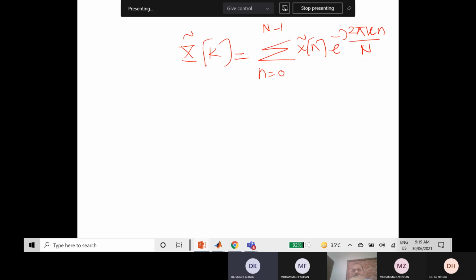Because this exponential minus j2 pi over capital N is used so many times, the book has used this notation, and many publications also use the same notation, putting W instead of the exponential. Okay, perhaps in the days when DSP was being developed, people would not like to type such big expressions again and again, so they use this notation. So the book uses this notation, don't be worried about this. It is actually an exponential of minus j2 pi kn over N. This is the formula for discrete Fourier series coefficients.